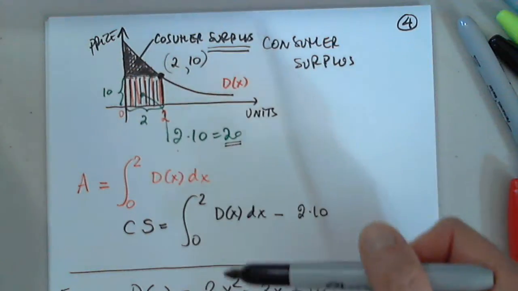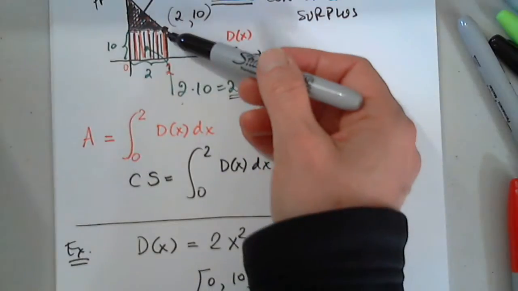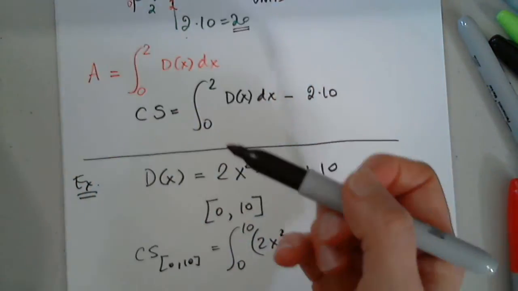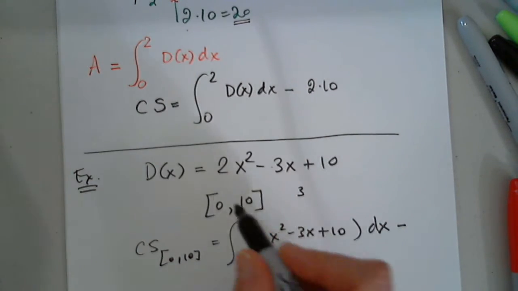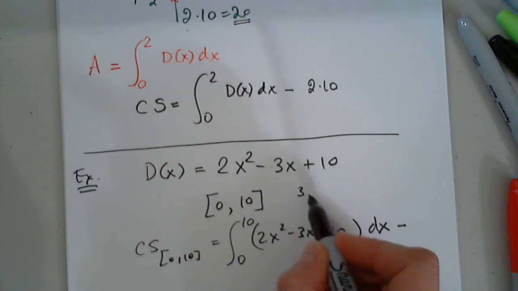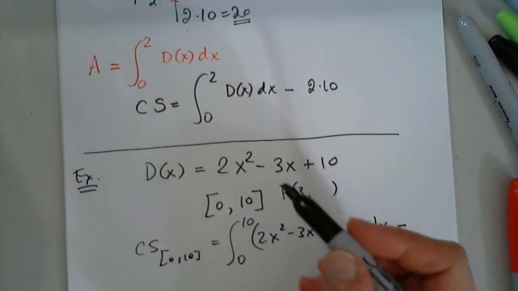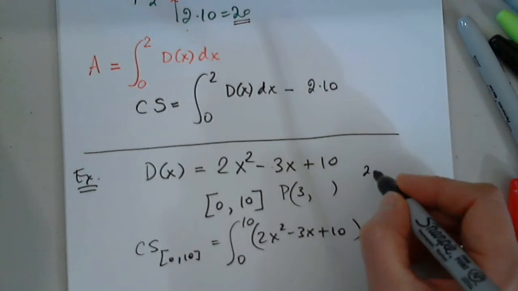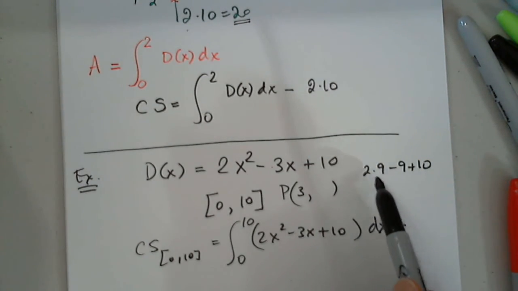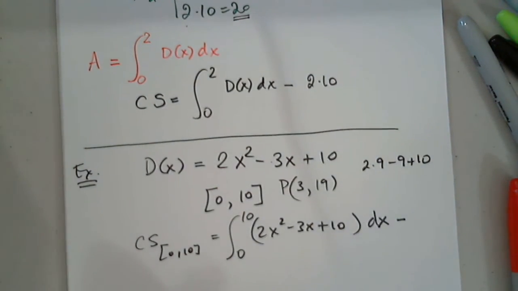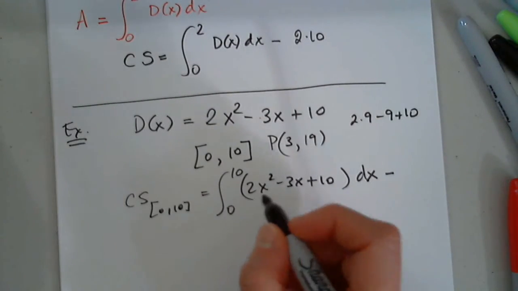So I need to find a point on the interval 0 to 10. Let's find a point and just stick with that. So let's say when x is 3, but I have to calculate and see how much it is. So the point is 3 comma 2 times 9 minus 9 plus 10. So this is 19.